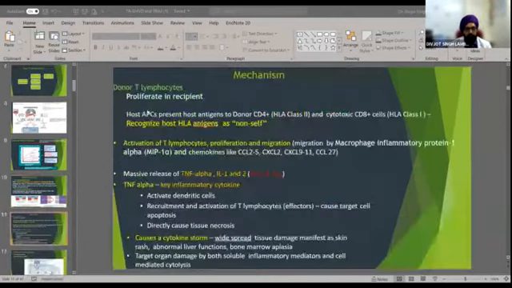There are various mechanisms by which the donor T cells will proliferate in the recipient. This is the activation of T lymphocytes, proliferation and migration, and the massive release of TNF alpha, IL-1 and IL-2. TNF alpha is a key inflammatory cytokine. This causes activation of dendritic cells, and recruitment and further activation of T lymphocytes, that is the effector cells, which would directly cause tissue necrosis.